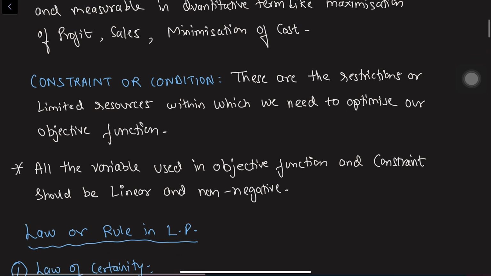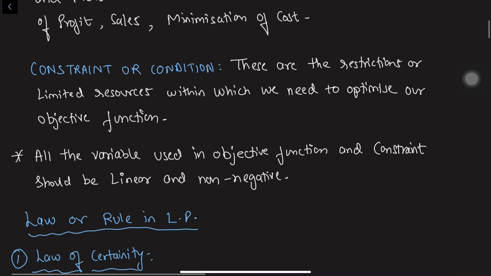You will have a constraint of manpower, a constraint of machines, and constraints of whatever the IC requirement is. These are the constraints you have. So based on those constraints, you need to optimize your objective function. Constraints are nothing but the restrictions or limited resources within which we need to optimize our objective function, right?